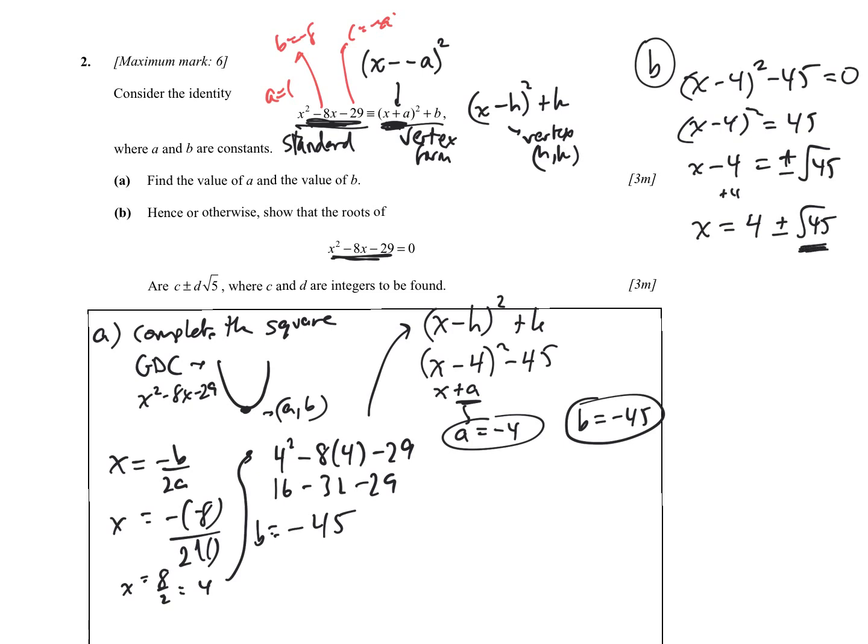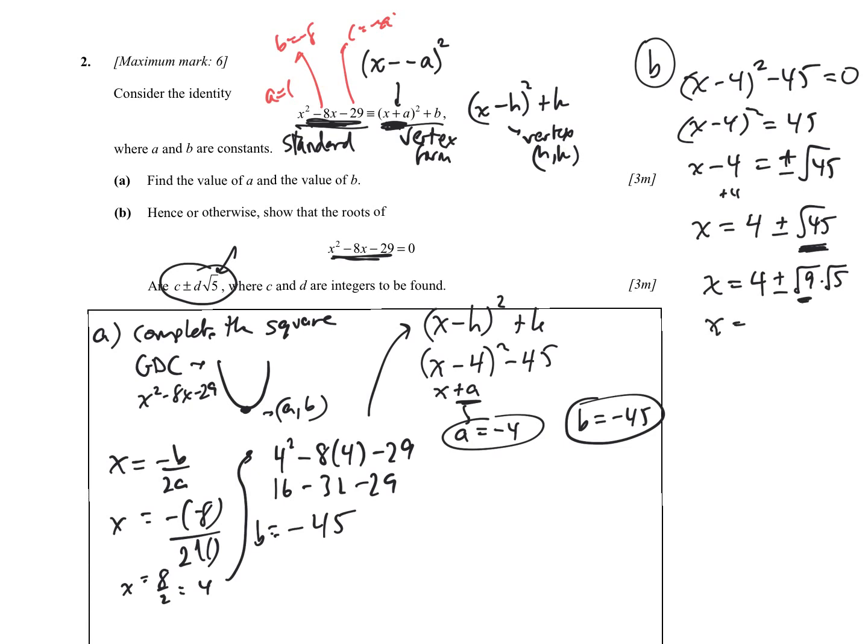I can then simplify that surd, because I'm not done yet. Specifically it's asking me for the surd in that solution to have the form d times root 5. To simplify surds, I need to divide the number into 2 numbers that multiply to get 45, preferably with one of those numbers being a perfect square.